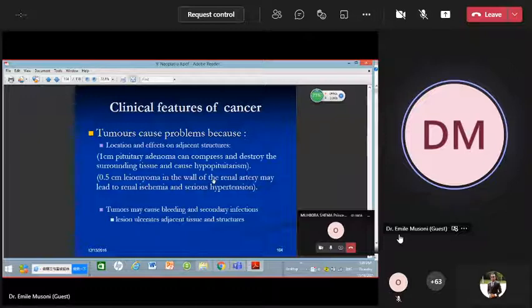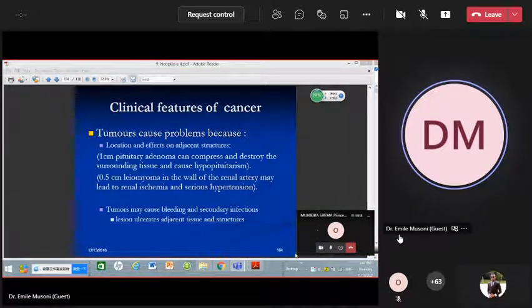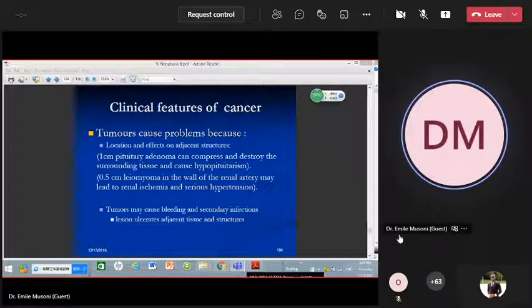Before we go to another chapter, clinical features of cancer, I would like to know if there are some questions about the molecular basis of cancer.